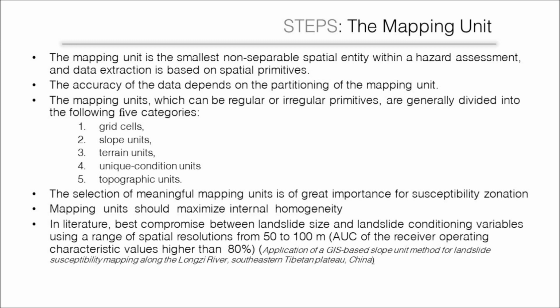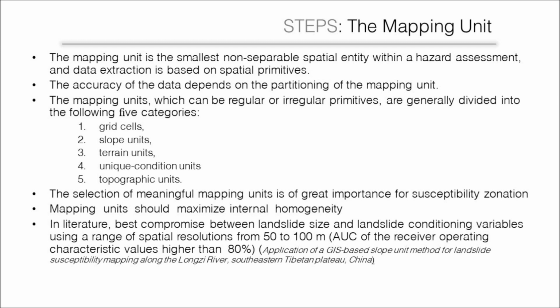Here, choosing the units itself can add great value to the susceptibility zoning result. Also, the mapping unit should maximize the internal homogeneity. If the data is not homogeneous, you can't have a clear prediction about what is going on.